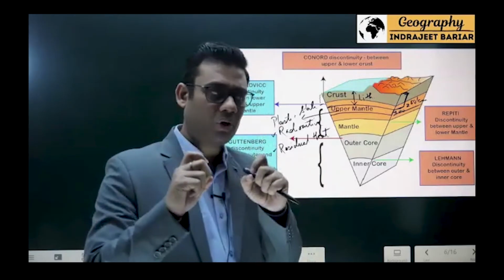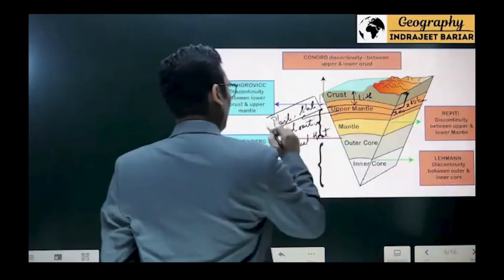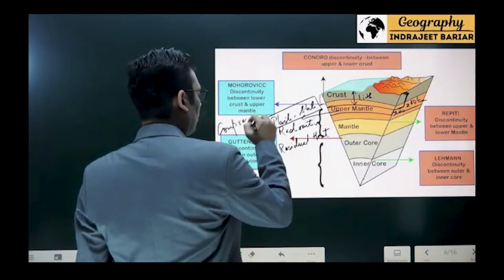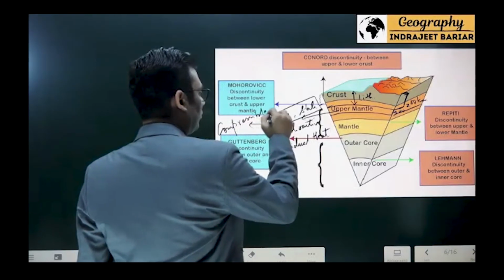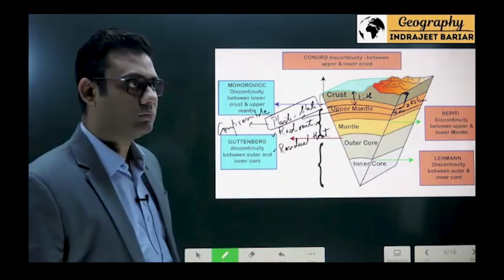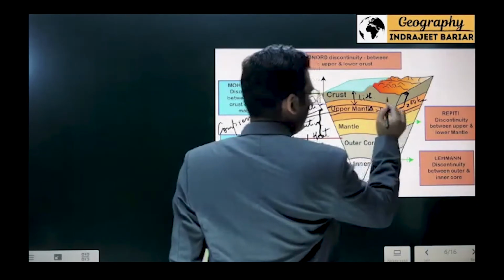Compressible, most importantly. So here it is in a plastic state, it is compressible. And that's called asthenosphere. So lithosphere and then you have asthenosphere.